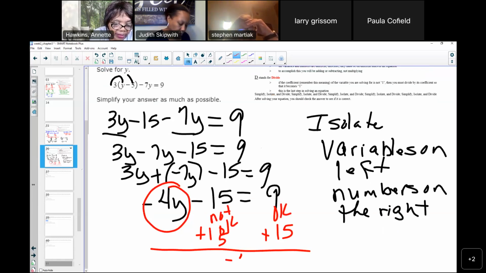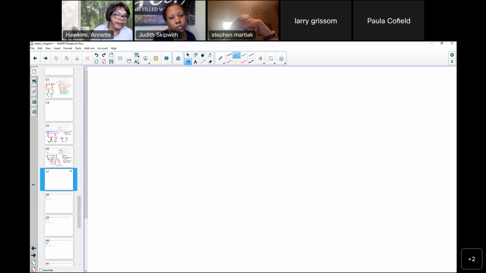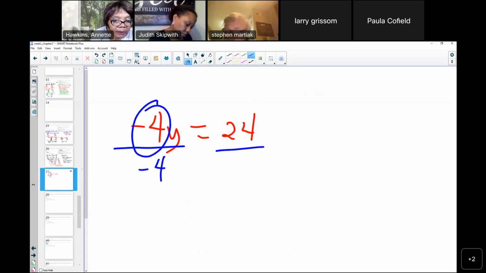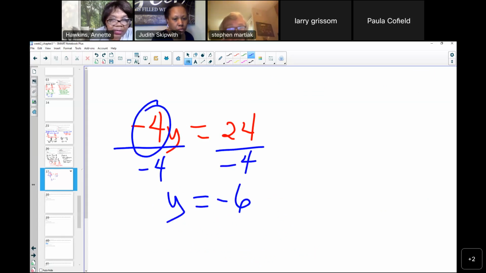So I get negative 4y is equal to 24. And then the final step is I need to divide by this negative 4. So y equals negative 6.